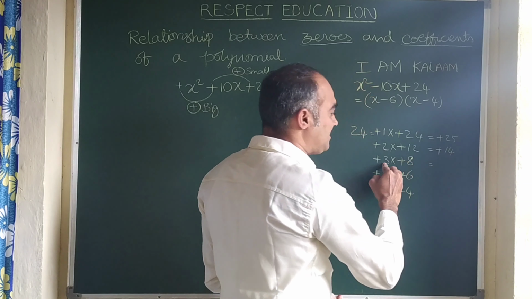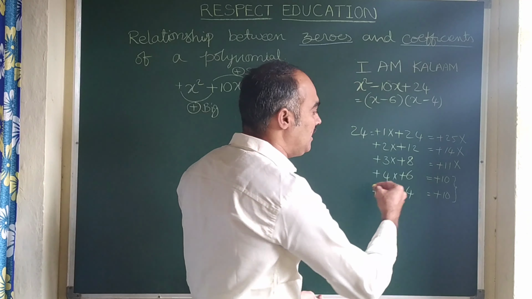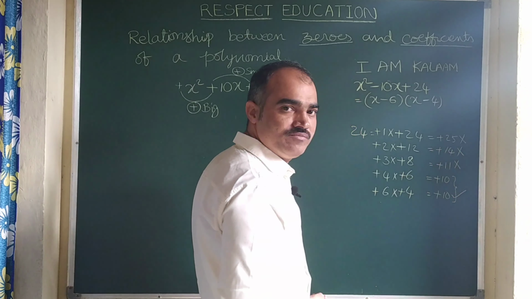Here plus 4 and plus 6 is plus 10. Here plus 6 and plus 4 is plus 10. Now here you see the middle term plus 10. Here where we get this plus 10? Here. So this pair is not suitable, this is not suitable, this is not suitable. You can select any one of these two. So here I am selecting the last pair.